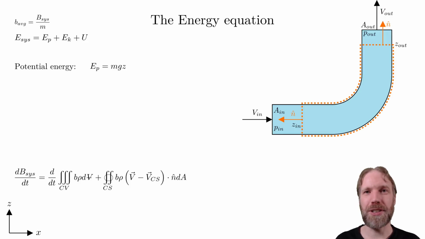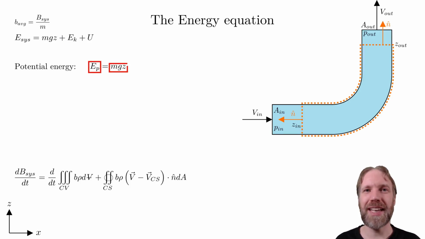Note that all properties should be given at the inlet and outlet of the control volume. Hence, assume that properties given for the pipe inlet is the same as for the control volume inlet, and the same for outlet. First, insert the expression for the potential energy into B CS.